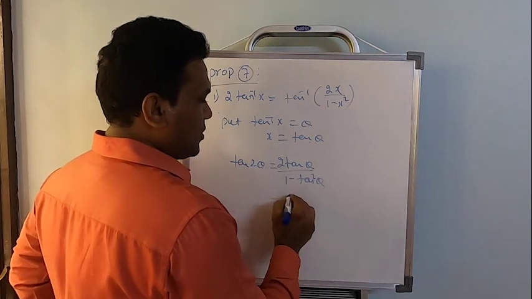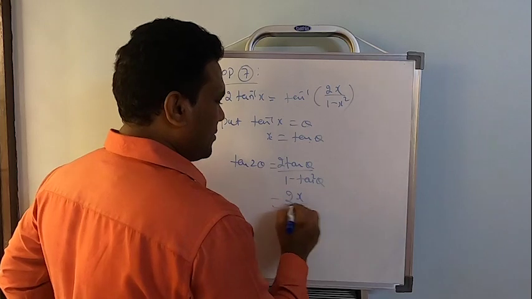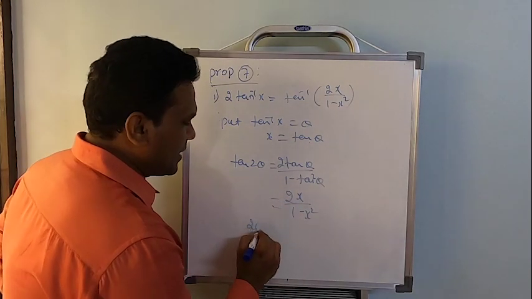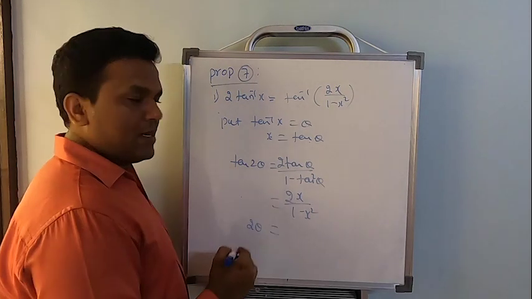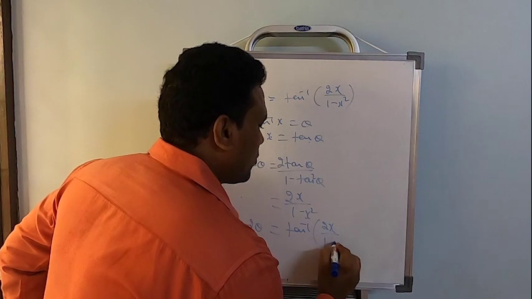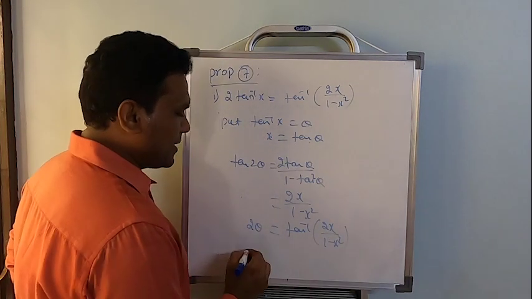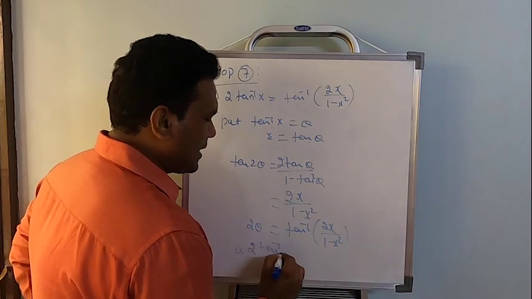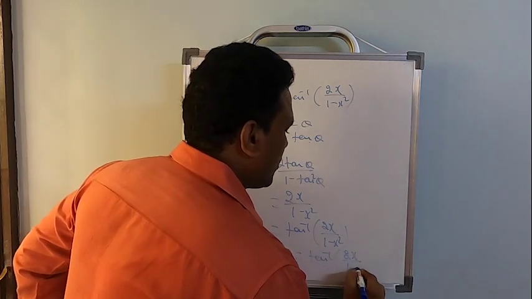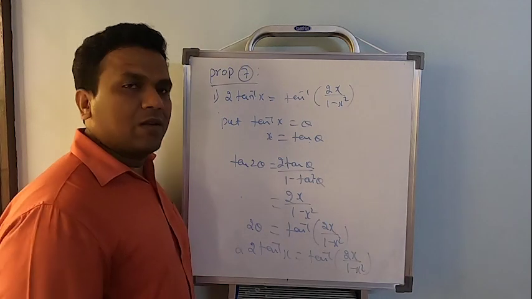Right. So the value of tan theta will be x and the denominator will be 1 minus x square. So this was tan 2 theta, right? Therefore 2 theta equal to tan inverse of 2x by 1 minus x square. Now replace theta. 2 tan inverse x equal to tan inverse of 2x by 1 minus x square.